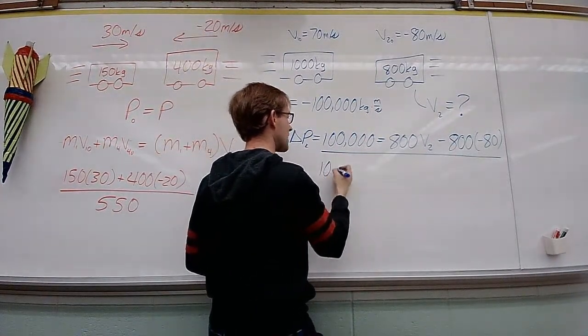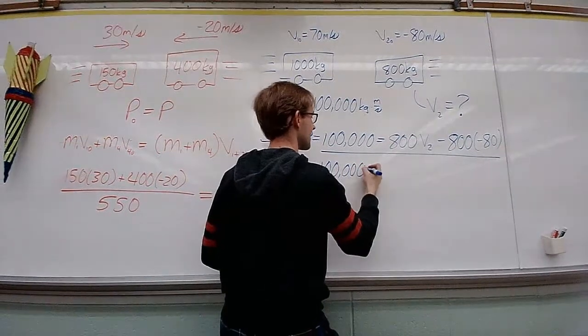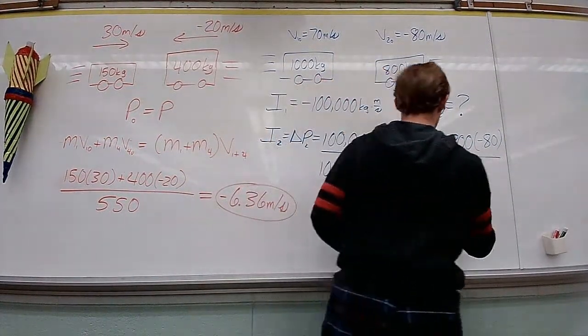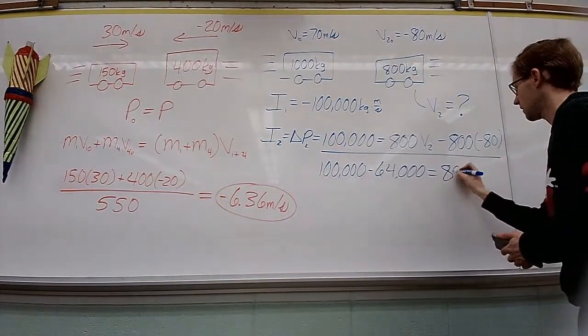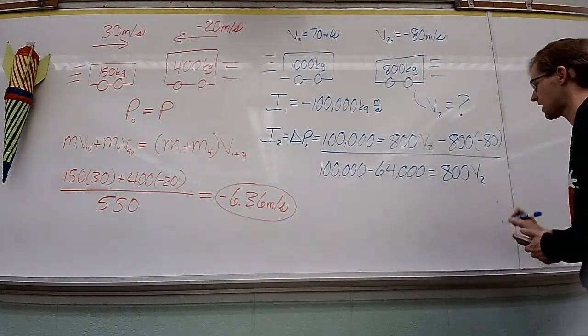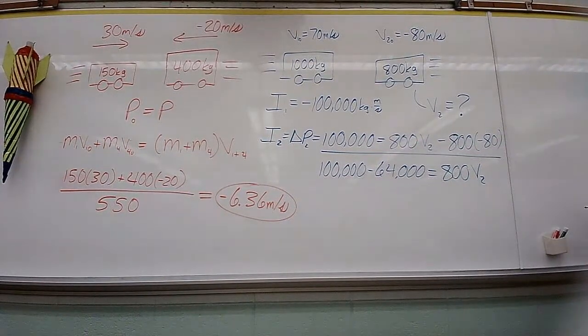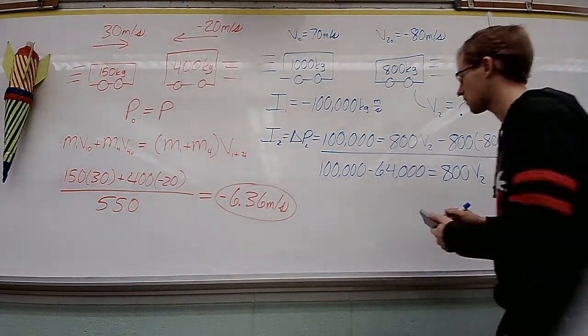So that's going to be 100,000 minus 64,000 equals 800 times the velocity of object number 2. So we just got to do some subtraction and some division here.